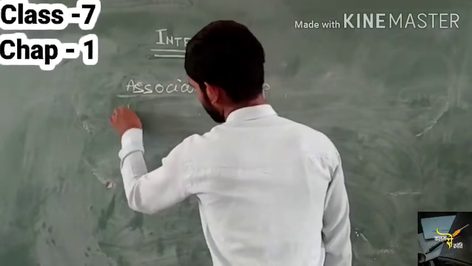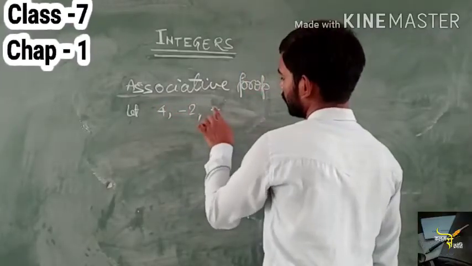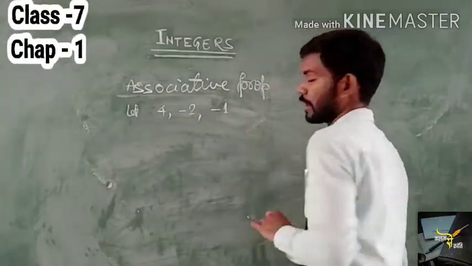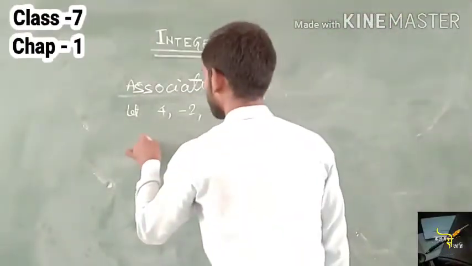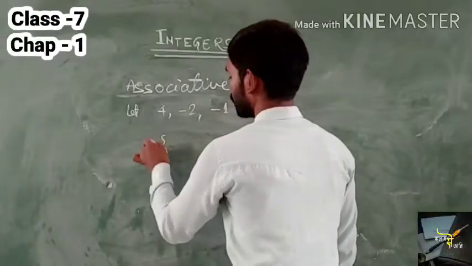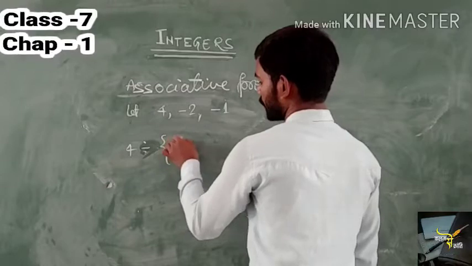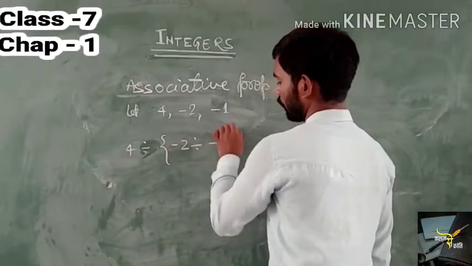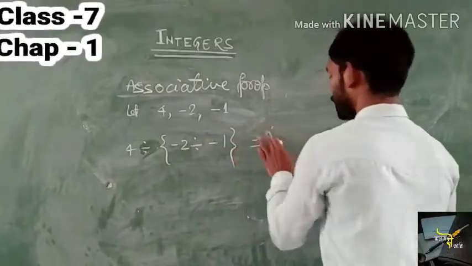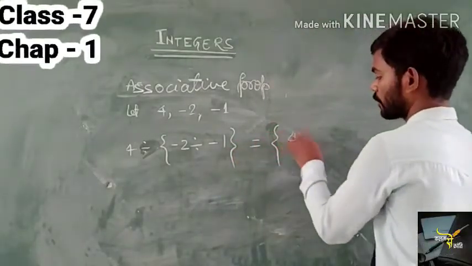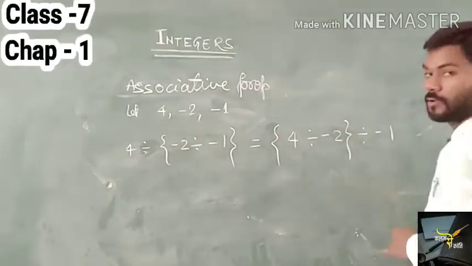For this, let us consider 4, minus 2 and minus 1 as any three integers. Then here we get 4 divided by minus 2 divided by minus 1. So first of all we shall solve this, and in the next step we can write this as 4 divided by minus 2 divided by minus 1.